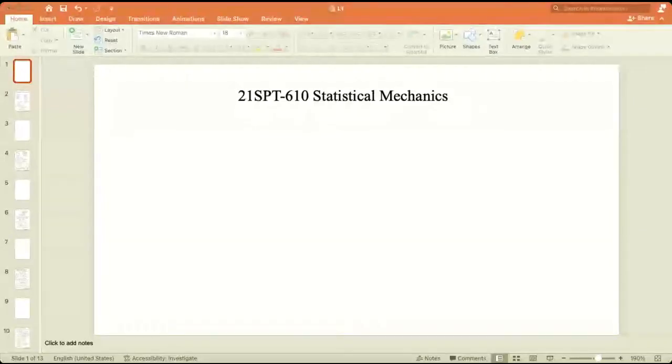Can someone comment and tell me whether the slide that says 21 SPT 610 Statistical Mechanics is visible? Okay, Tariq, got it. Thank you. So let's very briefly see what this course is going to be like, and then we will start.